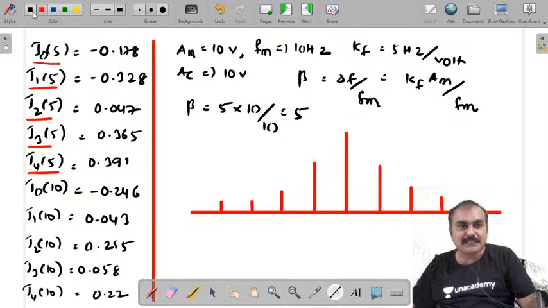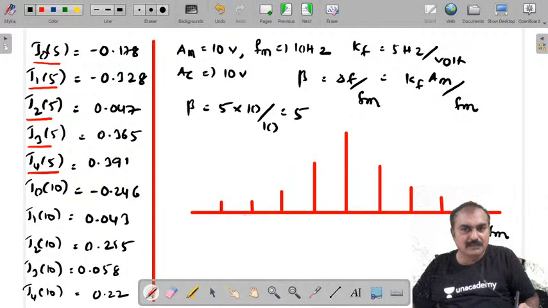The last ones within the bandwidth are FC plus 4FM and FC minus 4FM.